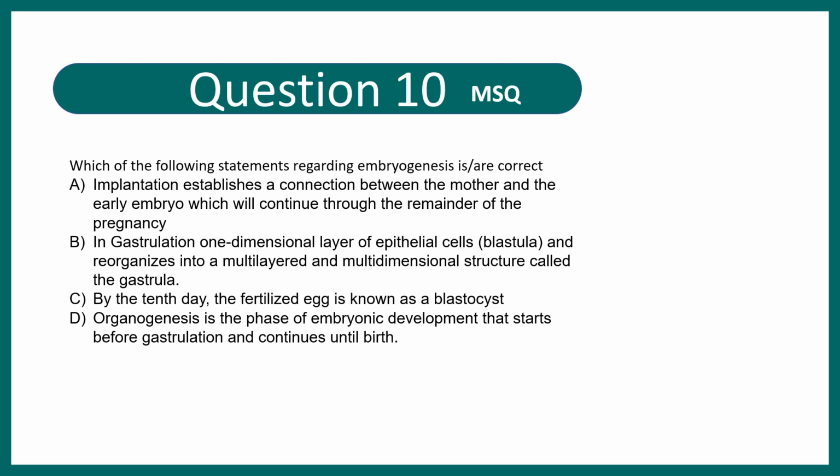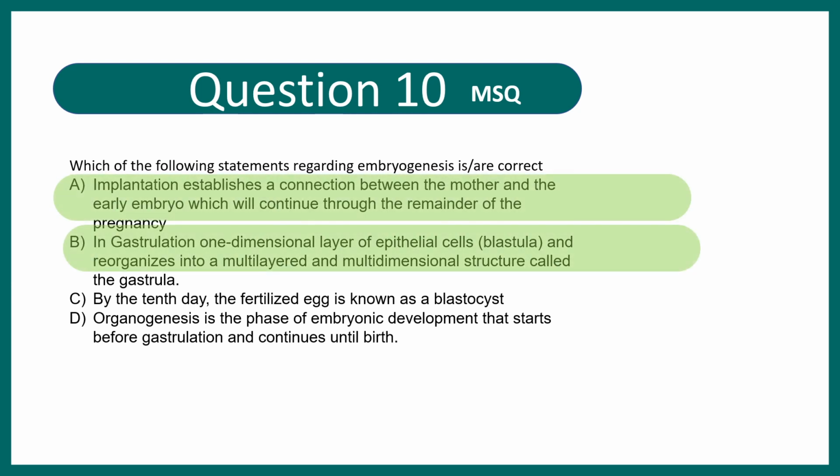By the 10th day, the fertilized egg is known as blastocyst. Organogenesis is the phase of embryonic development that starts before gastrulation and continues until birth. So you have to identify the correct statements. There could be more than one statement which is correct. So here the correct statements are A and B.